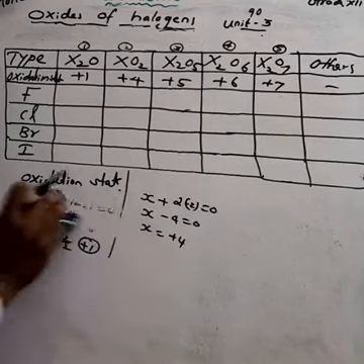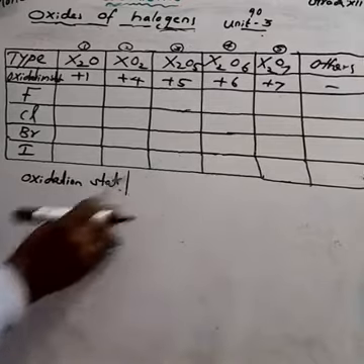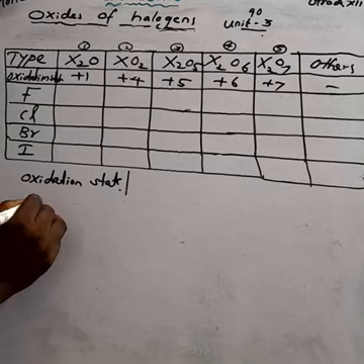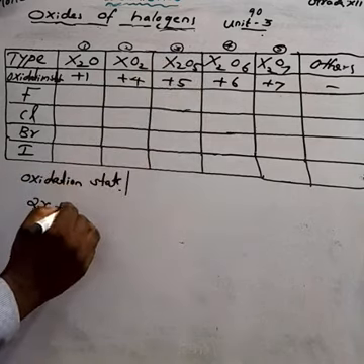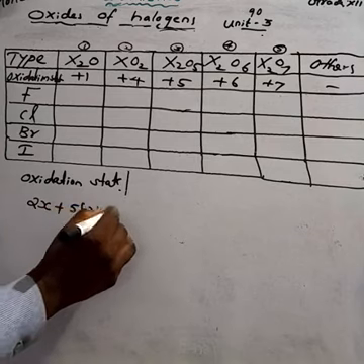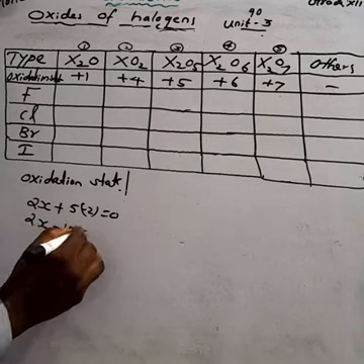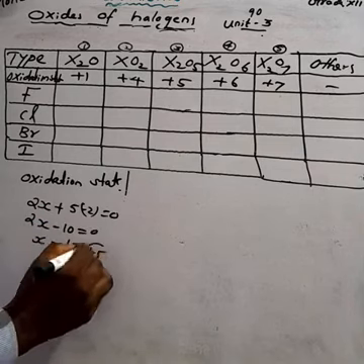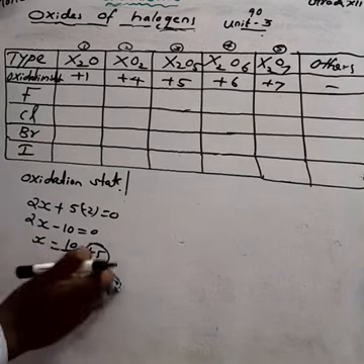What about the X2O5 oxidation state? 2X plus 5 into minus 2 equal to 0, because oxygen has minus 2. So 2X minus 10 is equal to 0. X is equal to 10 by 2. X is equal to plus 5 oxidation state.